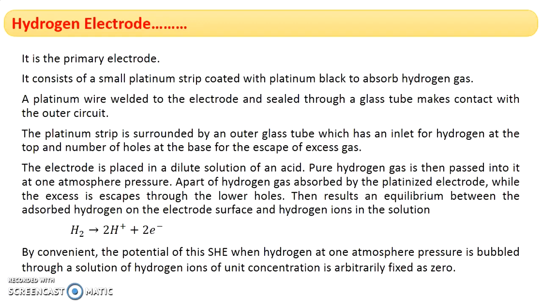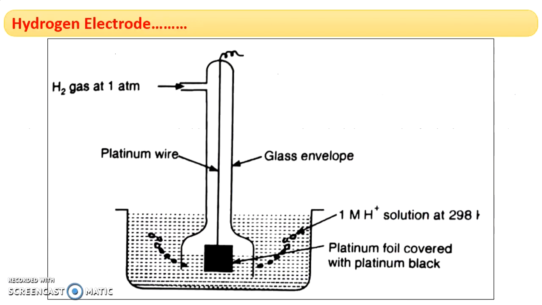Regarding the construction of the hydrogen electrode, it consists of a platinum strip coated with platinum black, and a platinum wire.